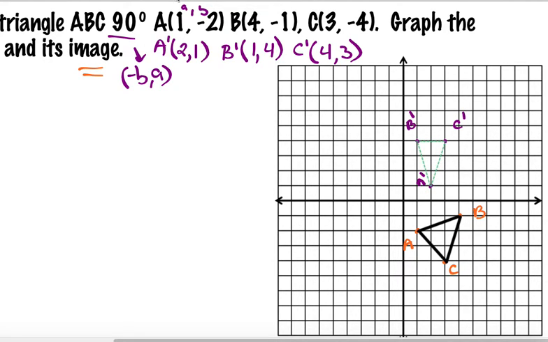So there's my new figure, and then a way to kind of check the rotation is to connect the origin, since we're rotating about the origin, with one of the old points and then its corresponding new point.